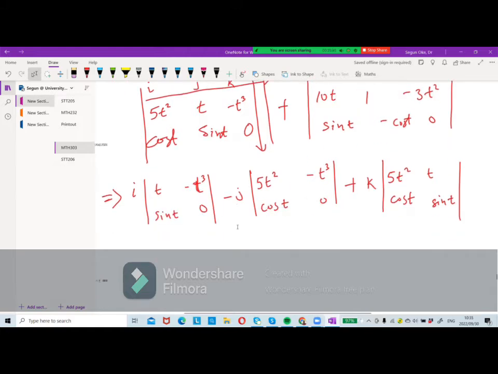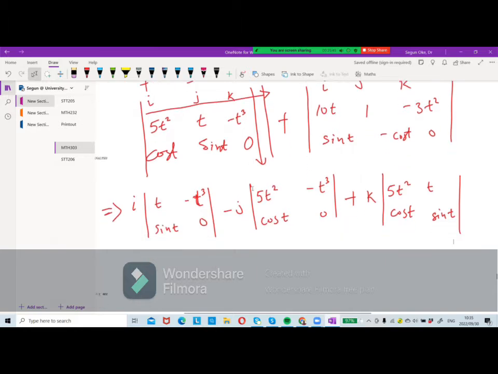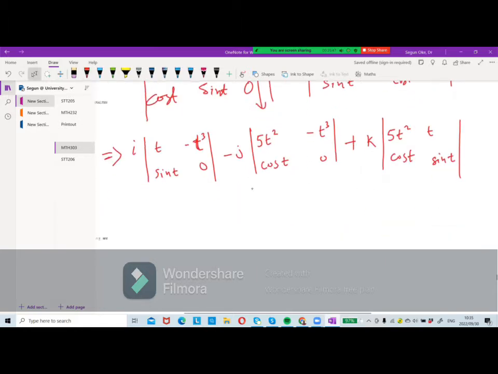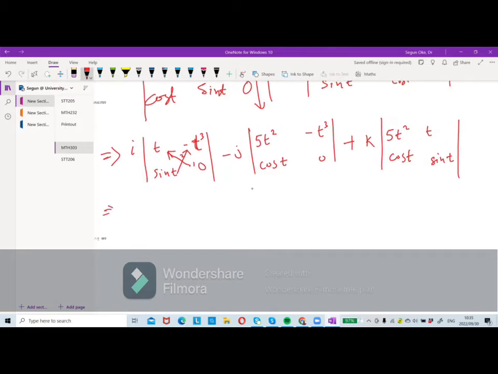Yes, sir. Okay, let's finish this one, then we'll come to the other matrix. So remember this multiplied by this, then minus this. So this is first, this is second. So you can see it will help you.